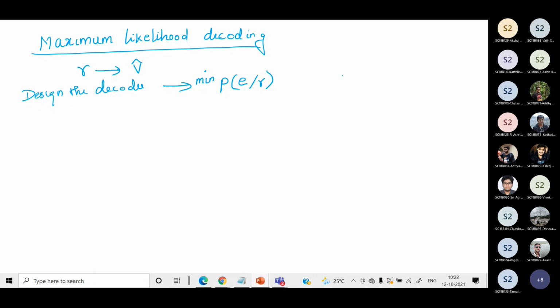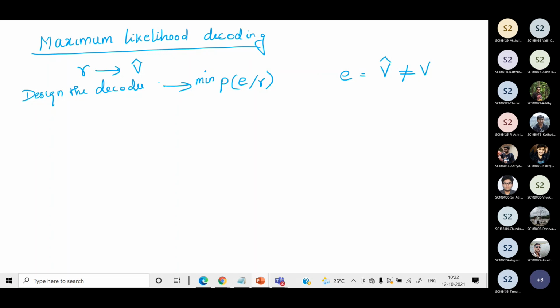What is error? Error means the V cap that the decoder finds is not equal to the transmitted code word V, some other code word. Then we call it an error.